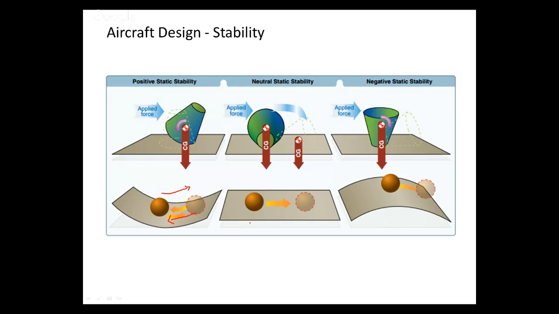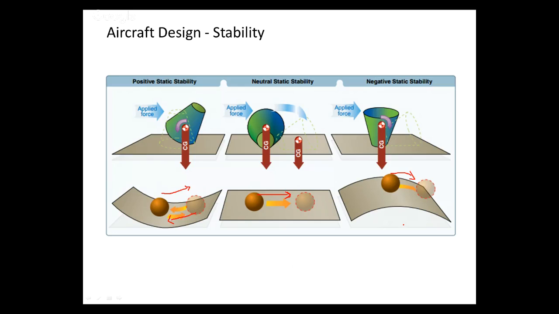It reacts positively to a force input or a control input. Neutral would be if you push this ball and it just remains in the same spot that you pushed it to. And negative would be the complete opposite of positive: if you push the ball and it initially begins to move further away from where you pushed it.